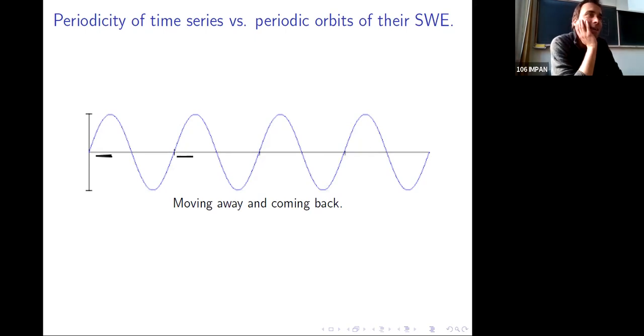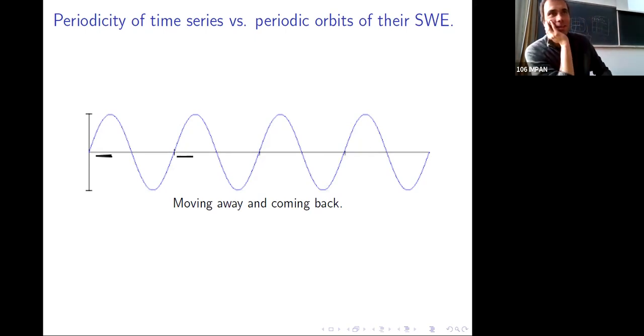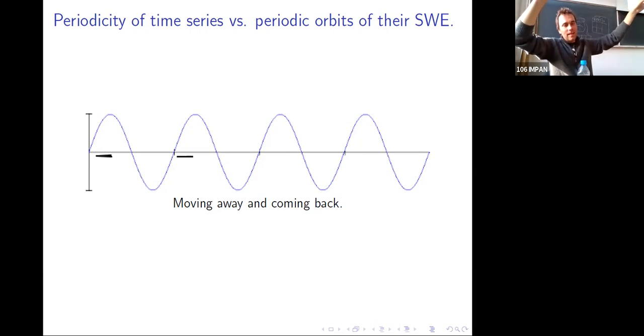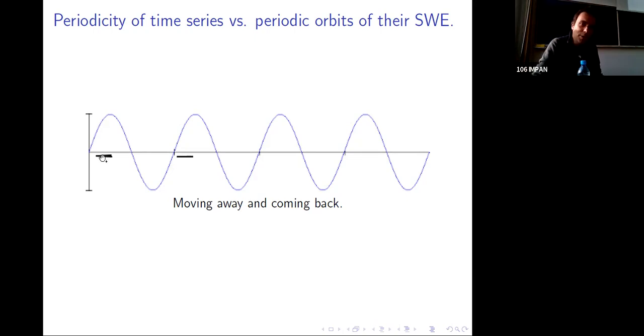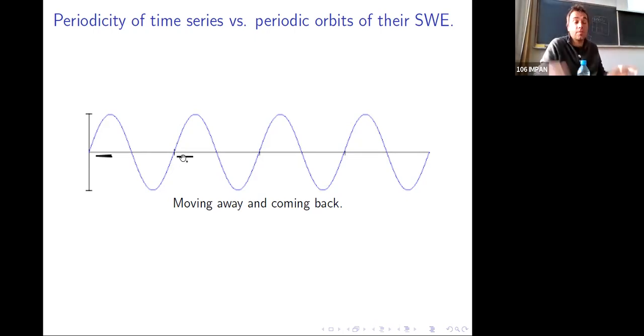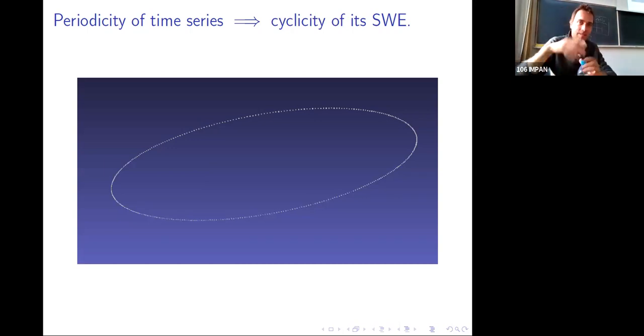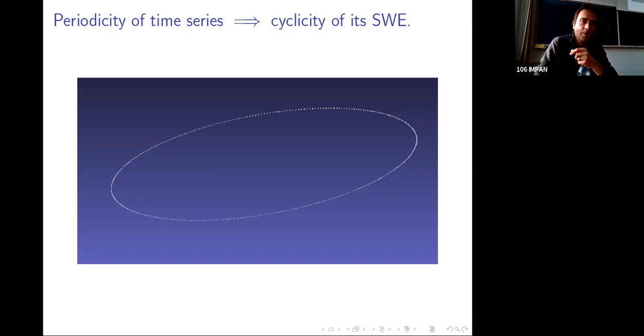If you have a periodic time series, then the signature of the point for this position of the window will be almost the same as the signature of the point for this position of the window. So it's very much like with the cat, we're making a circle, and there's a sliding window embedding obtained from a sine point cloud.